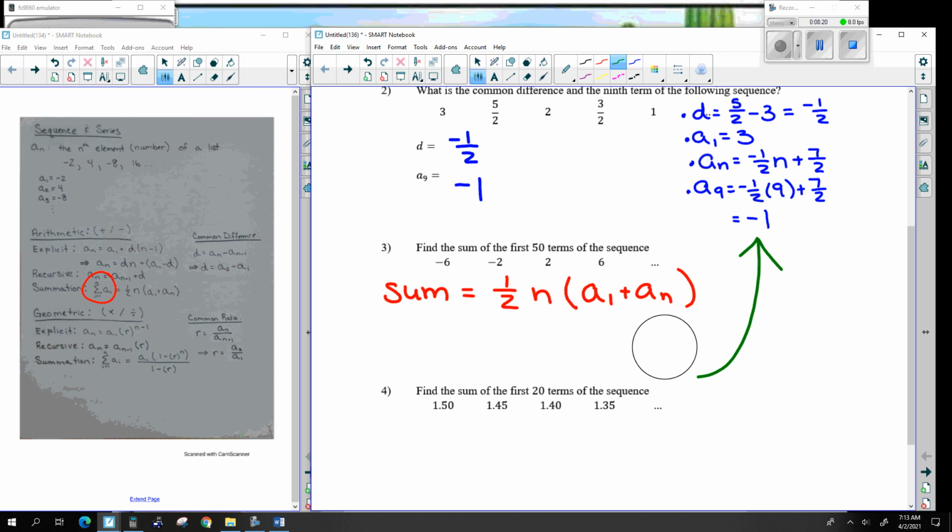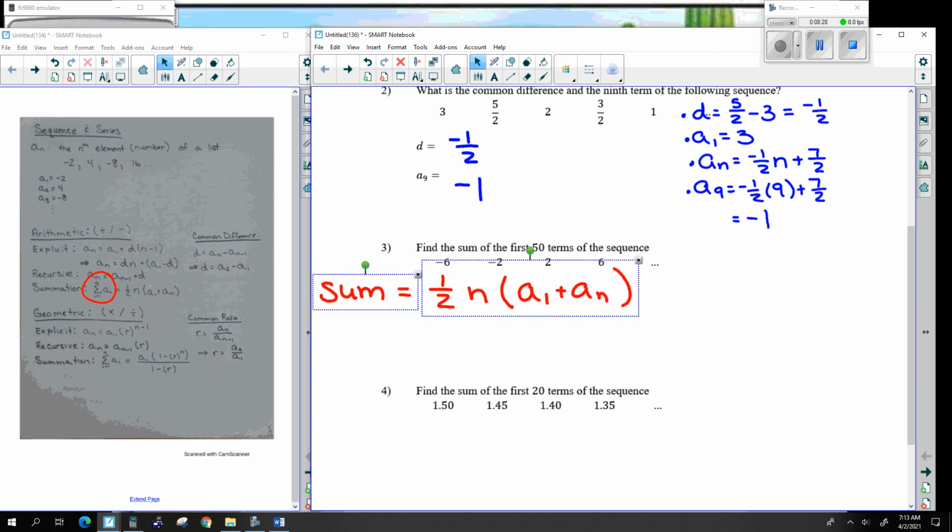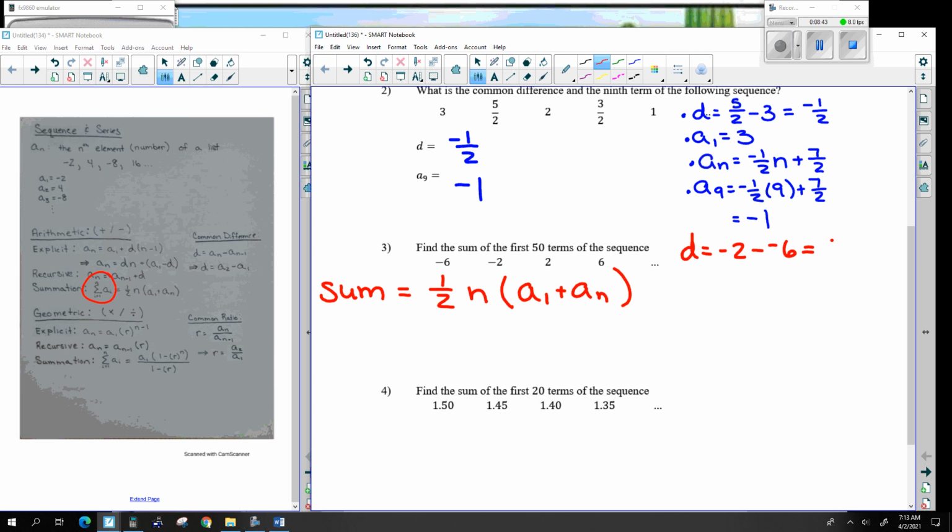What I need to do first is figure out the very last number of this sequence. So I'm going to put this aside and figure out that last number. Our difference in this case is negative 2 minus negative 6, so that's positive 4.